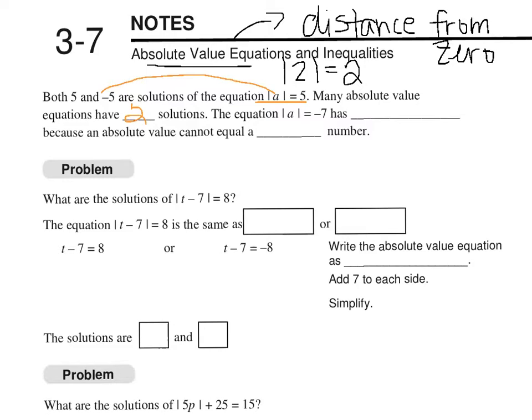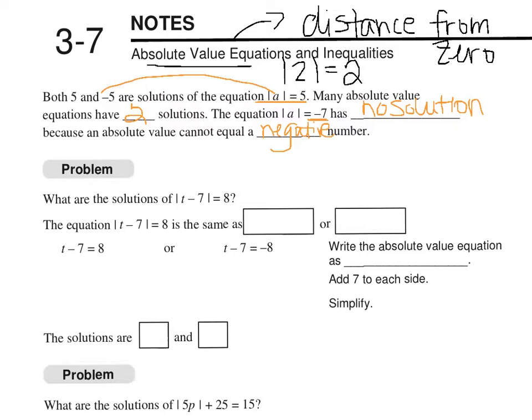If I have an equation like the absolute value of anything is equal to a negative number, then we say that it has no solution because you cannot have an absolute value equal to a negative number. Now you can have an equation with some other stuff on it equal to a negative maybe, but you should never have just absolute value bars equal to a negative number.